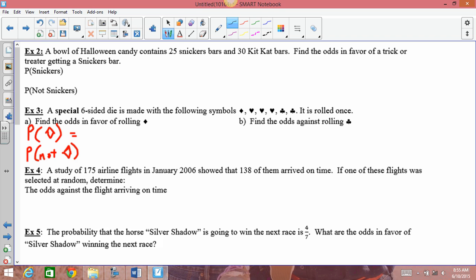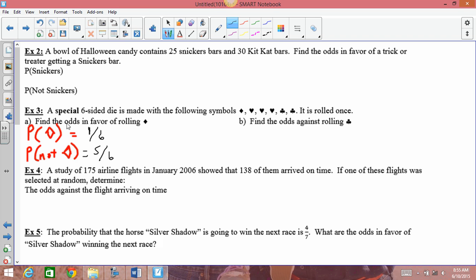So looking at my die here, I can get a diamond 1 time out of 6. Not a diamond then is going to happen 5 times out of 6. Let me check for myself: I can see these fractions can't be reduced, and if I add them together, 1/6 plus 5/6, sure enough, is 6/6, which is 1, so I'm doing okay there.